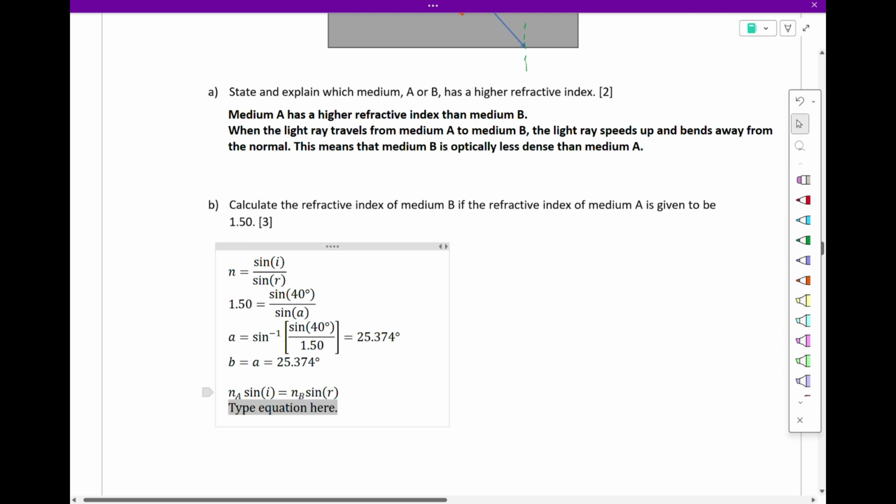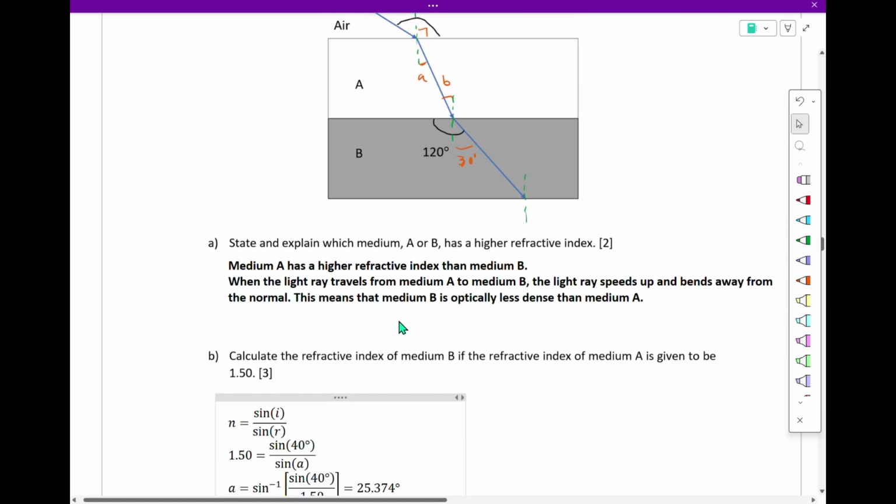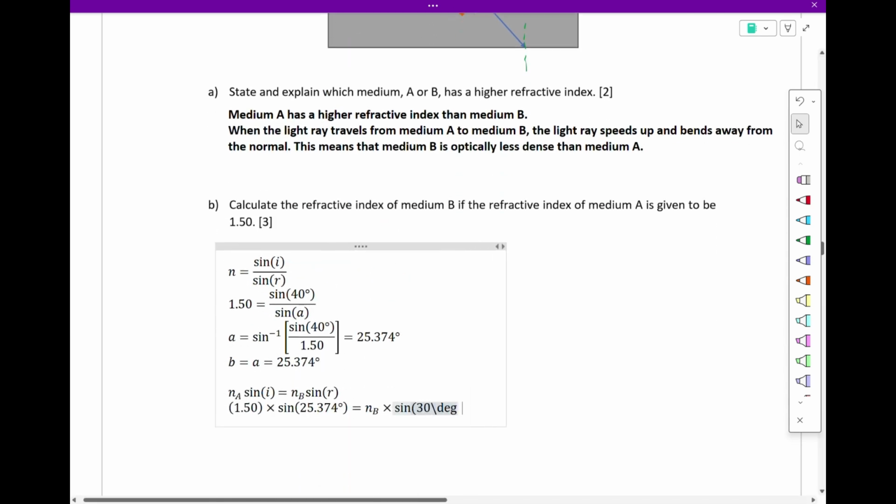So let's throw in the numbers itself: 1.50 times sine 25.374, equals n of B, which we don't know, times sine 30 degrees.